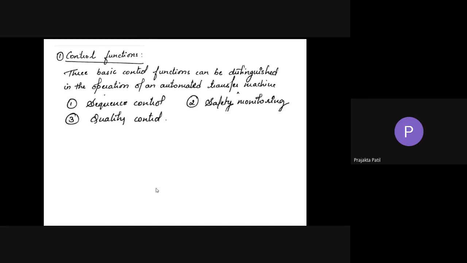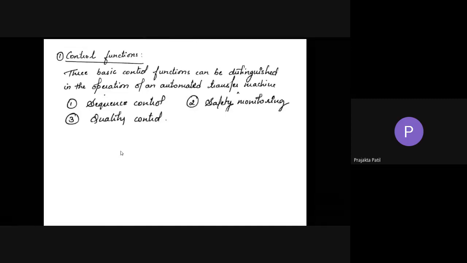As I said, when it comes to automating something, controlling that automated system is very important. Control has to be in terms of sequence control, of course, because we have the automated production line in a certain sequence. You cannot have the workstations rearranging themselves. You need to follow a certain sequence. That sequence control is very important.